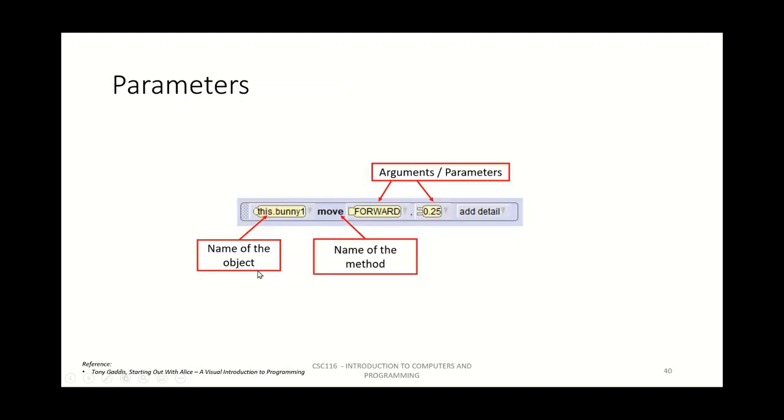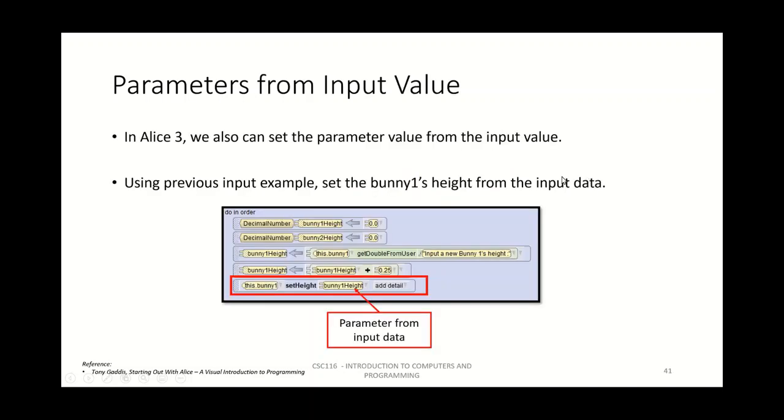So it shows that in this example, move is actually the method, and to communicate with this method, we need the parameter or argument, which is the direction of the move and also the value or the amount of the move. So this is an example of a parameter.